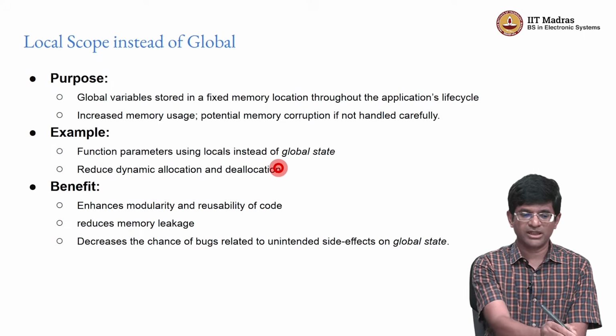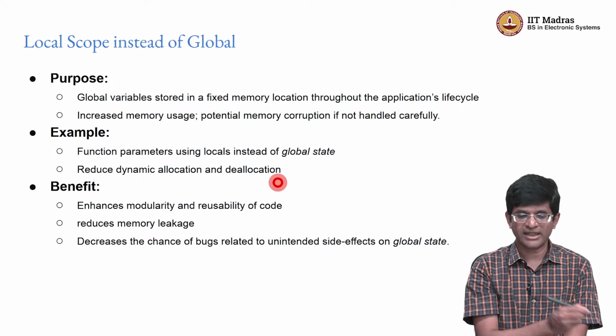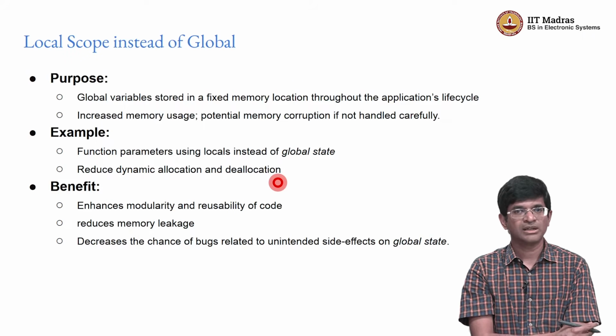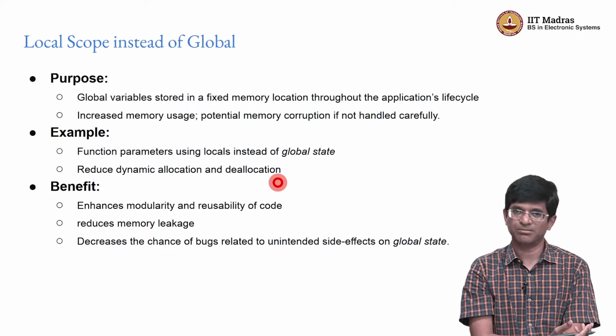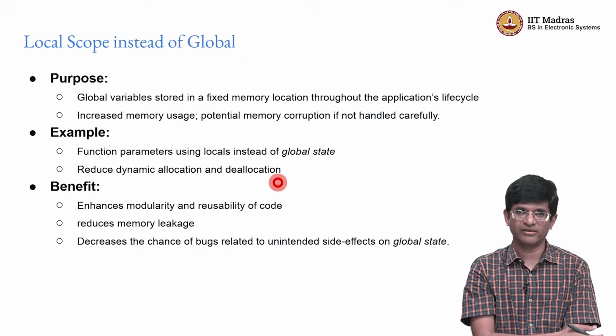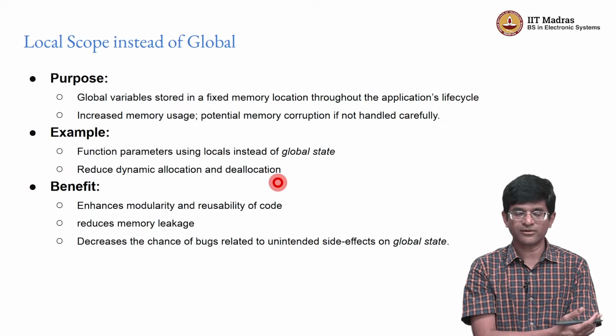And the other thing would be, you could also try and reduce the amount of dynamic allocation and deallocation. Dynamic memory, as we will see later, goes onto the heap in a C programming environment, and that tends to be the same area that global variables also are going to. And having these can actually interfere with each other.